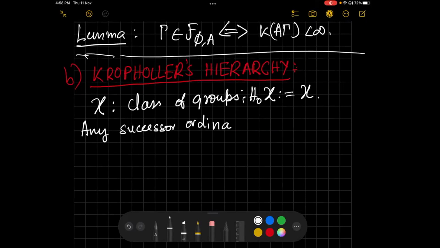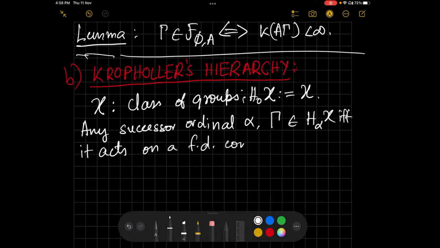Then for any successor ordinal alpha, I'm going to say a group is in H alpha x if and only if it acts on a finite dimensional contractible CW complex cellularly.